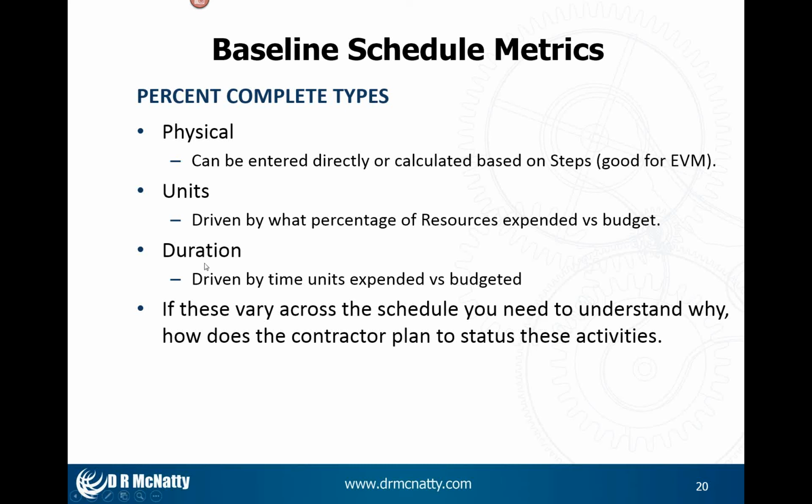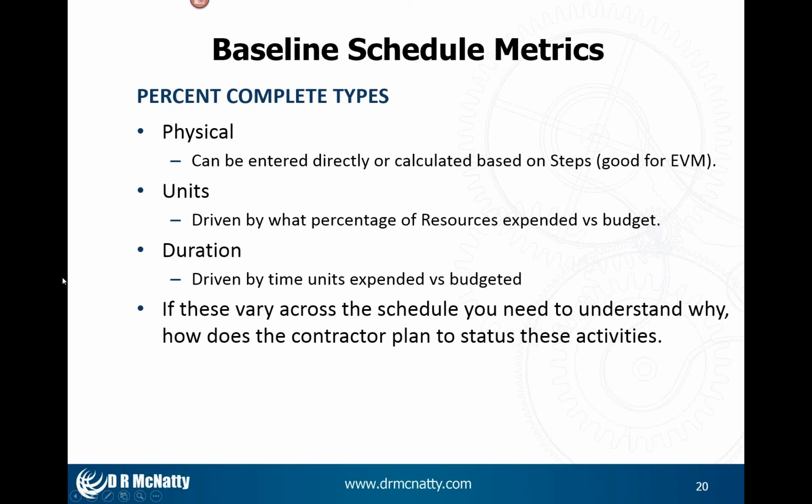If I use units or duration, then the percent complete is going to be driven either by the usage of resources, which adds a level of complexity that many schedulers really aren't prepared to completely handle, and also the duration percent complete is just the passage of time.